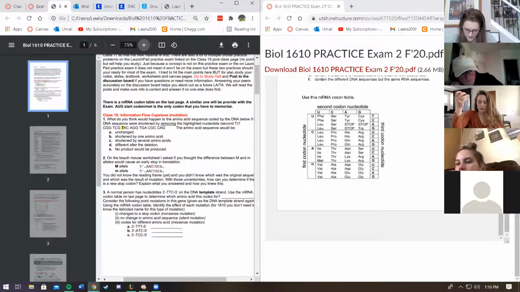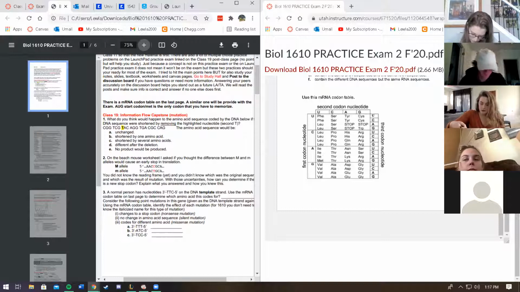If you translate all of these, it would be AAA, and then UAC, UAG, and then UUG. You have to still flip it because they're all the DNA template strands, so they're 3' to 5', and we need 5' to 3'.